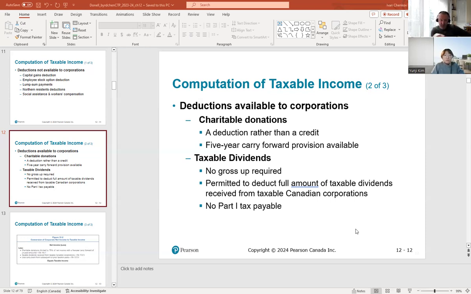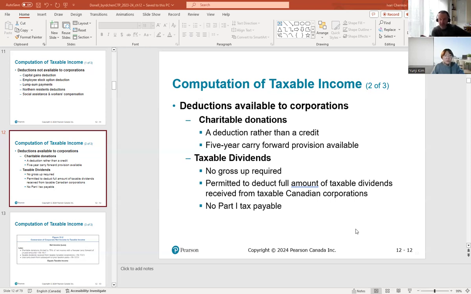So the charitable donation is a deduction. It directly deducts from the income, and you can carry it forward for 5 years. On the dividend for the corporation, there's no gross up, and it is also permitted to deduct the full amount of the taxable dividend received from a taxable Canadian corporation.